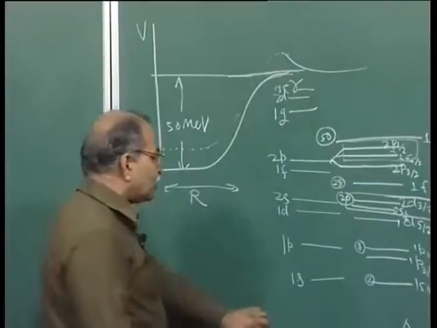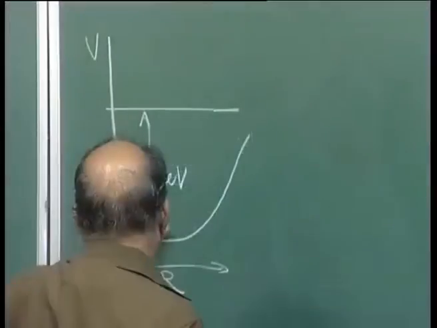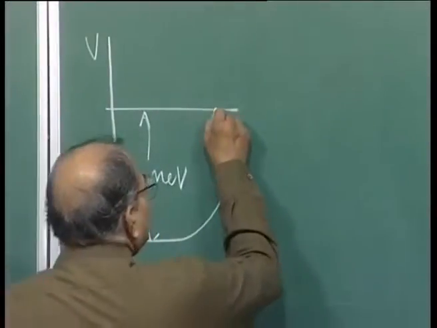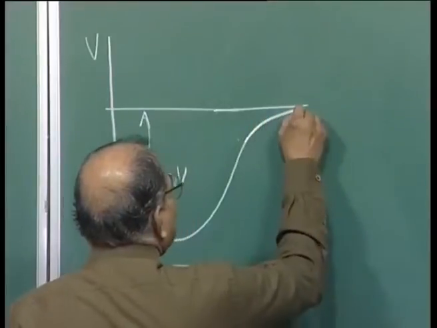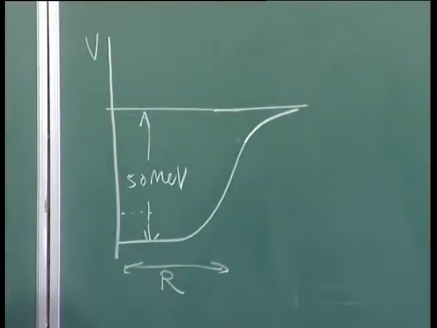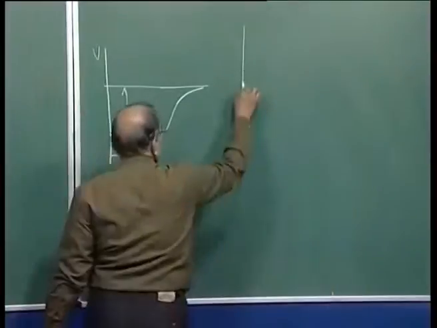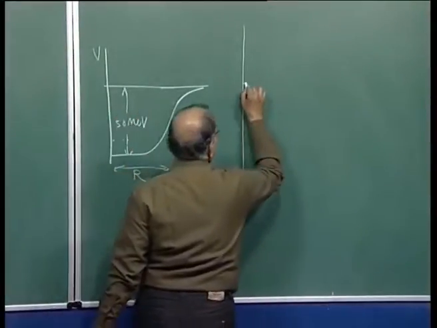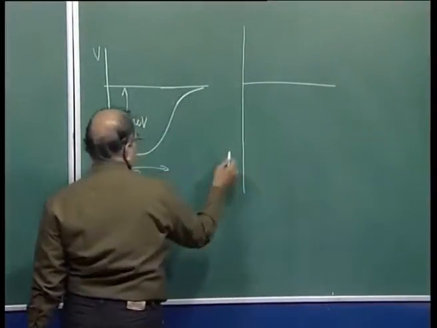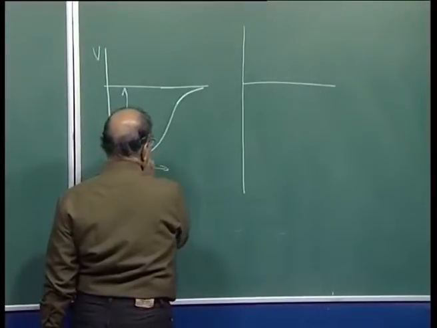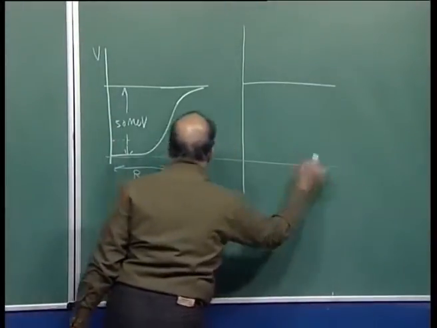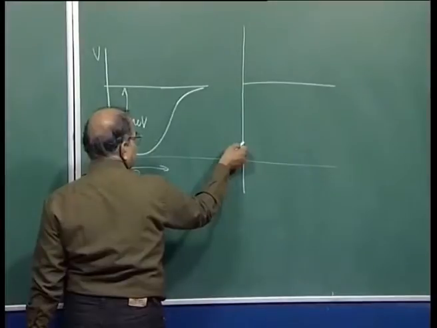If I draw both side by side, suppose this is the potential for neutron, and then I can draw a similar thing here. This is 0 and this goes up, this was the original level and now this has been shifted up.